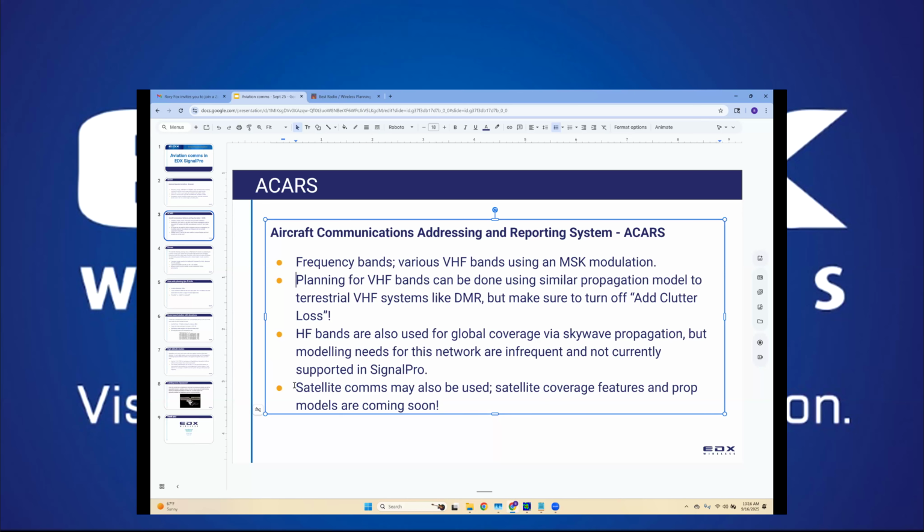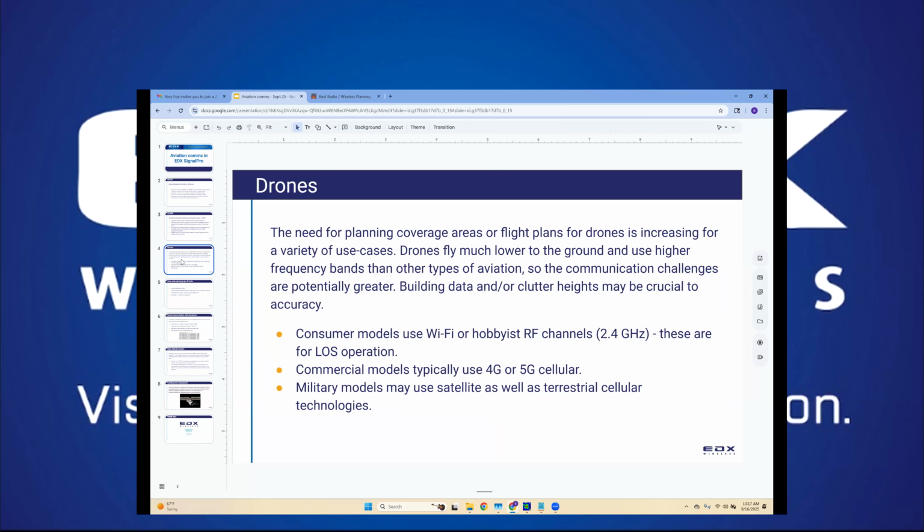They will sometimes use, or rather, I should say, often use satellite communications to ping their location information and for voice as well. Full satellite communications is not yet supported in SignalPro, but that's coming soon, and we'll talk a little bit more about that.